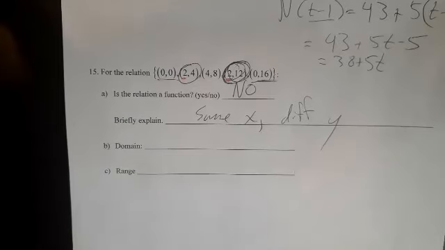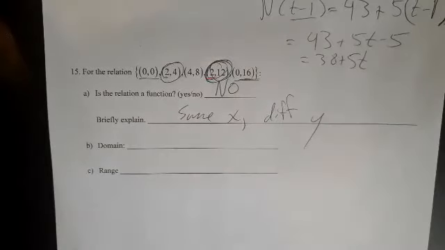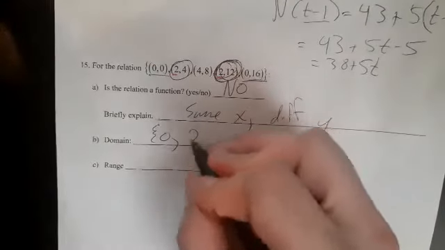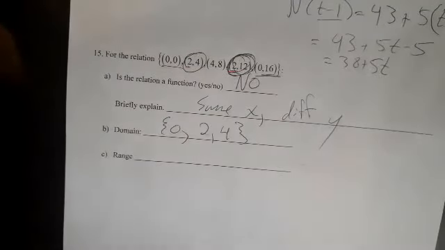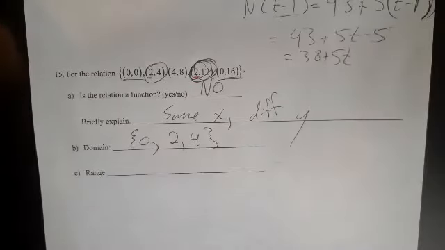It did not happen. So my domain, typically I want to go least to greatest. I believe we go 0 to 4. And it repeats 2 and 0. You might want to put 2 and 0 in there more than once, but you don't have to. We only really need to account for it once.